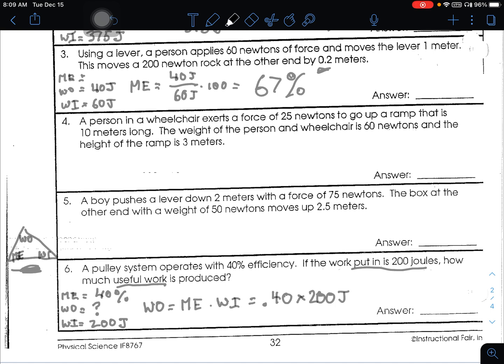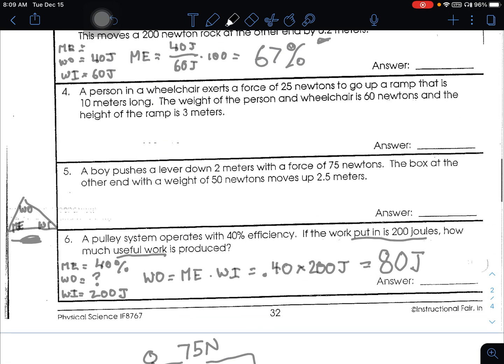Okay, so 0.4 times 200 equals, hold on a second. 0.4 times 200. Yeah, I guess that's what it is. Equals 80. And in this case, since it's work output, it's going to be measured in joules. That's going to be 80 joules of work.